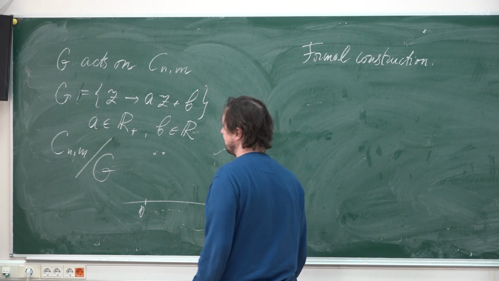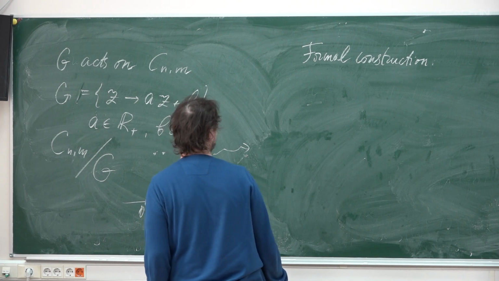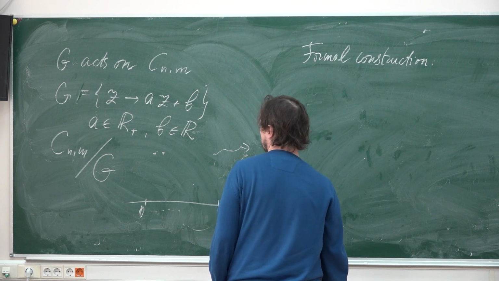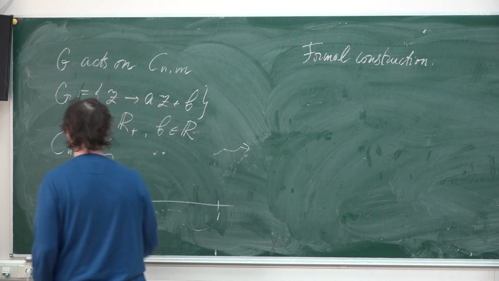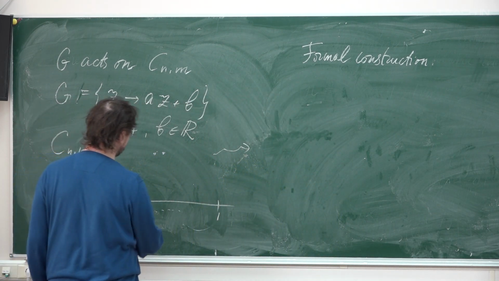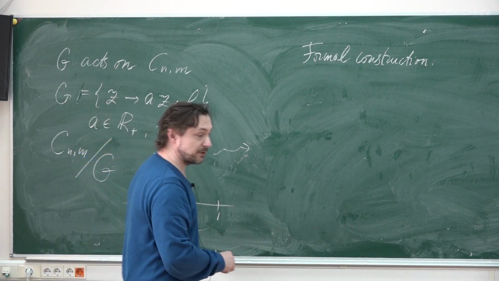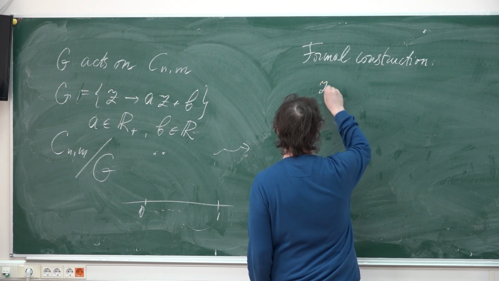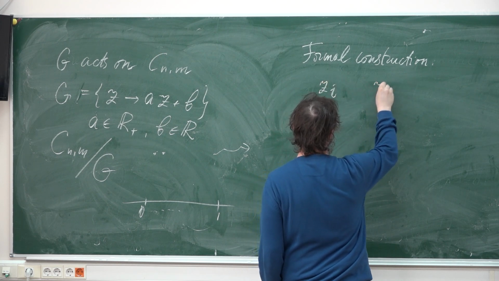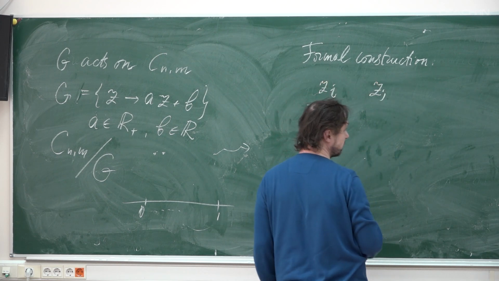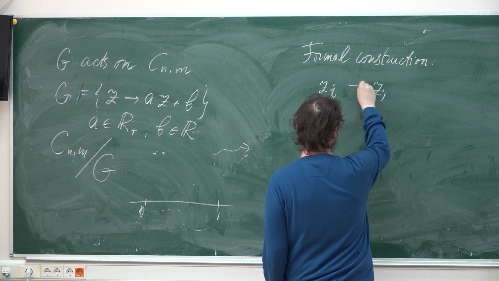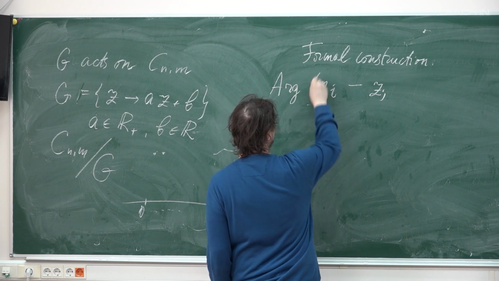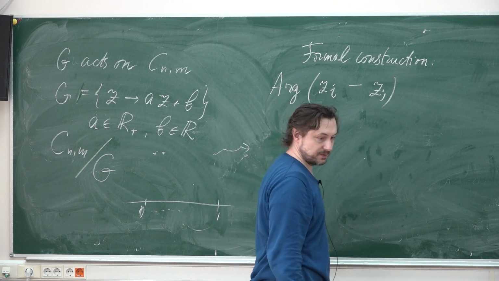I consider the set of angles between various arrows, various points in my configuration space. Suppose we have Z1, Zi, and Zj. I consider the difference, and I take the argument of this difference.